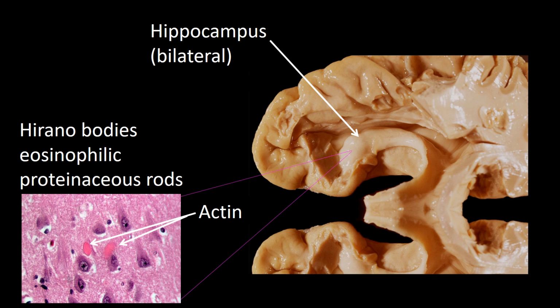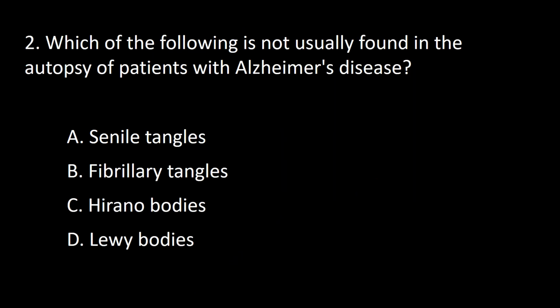This is another specimen showing Hirano bodies. I am showing it to you because at times, as the result of the location of the bodies in relation to the neuron's cytoplasm and the site of the cut for histological viewing, they look as if they were outside the neuron, but they are not. So the answer to this question is D.